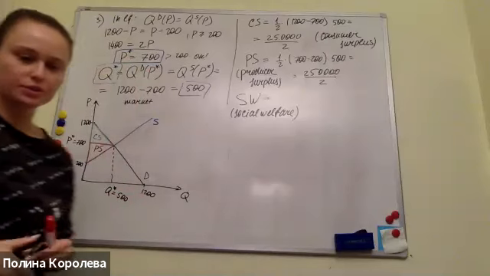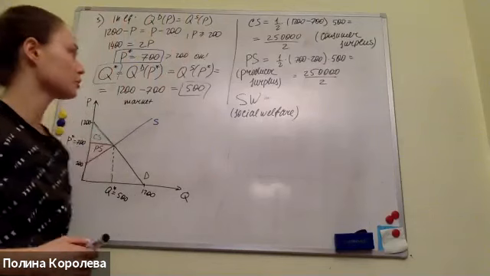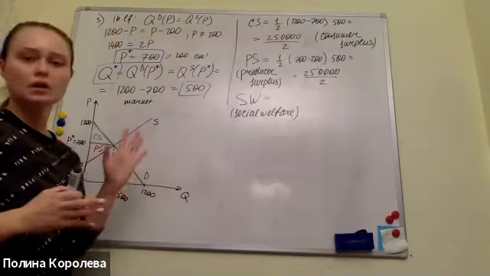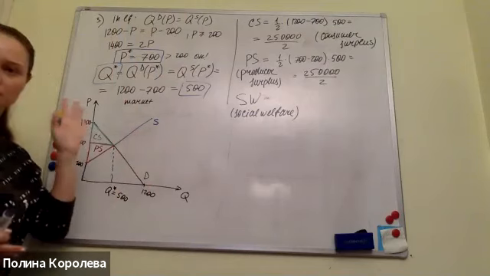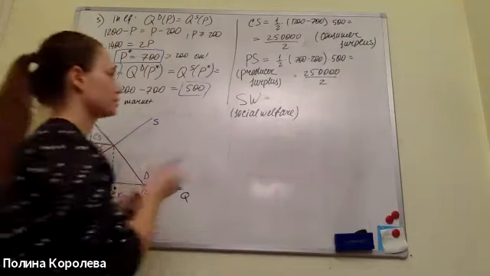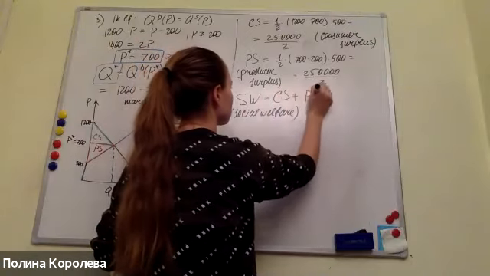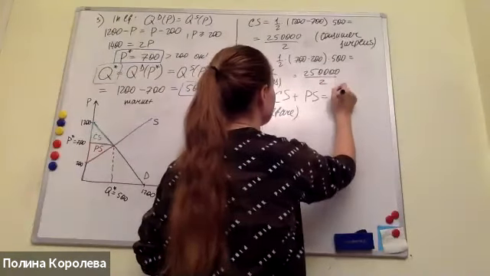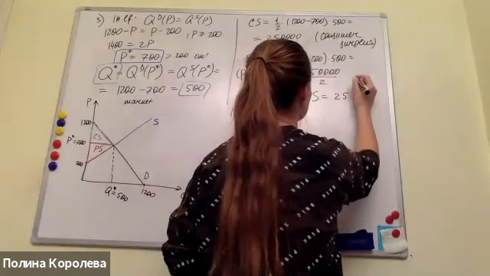Social welfare, by definition, is the sum of surpluses of all economic agents that are presented in the market right now. Now, here are only 2 economic agents, our consumers and producers. So we sum up their surpluses, consumer surplus plus producer surplus. And we see that social welfare is 250,000.